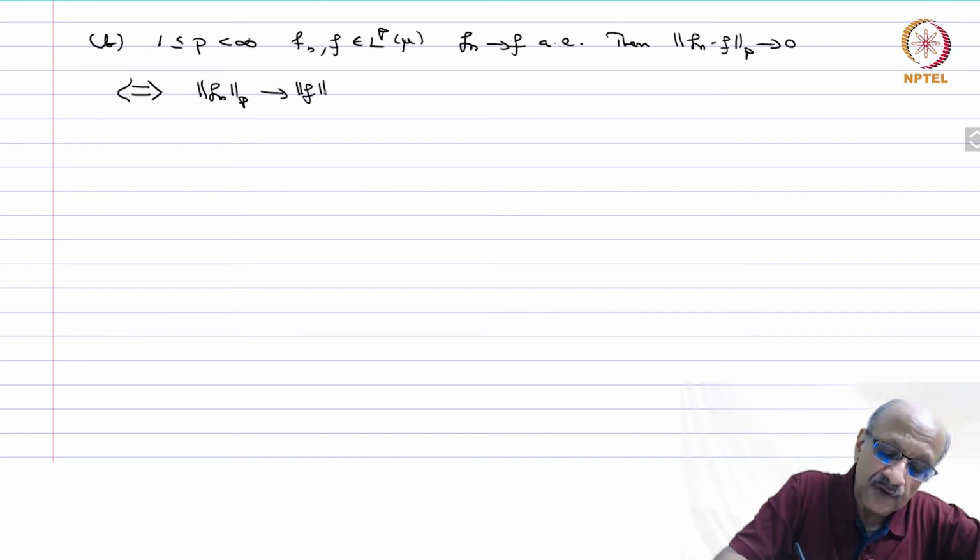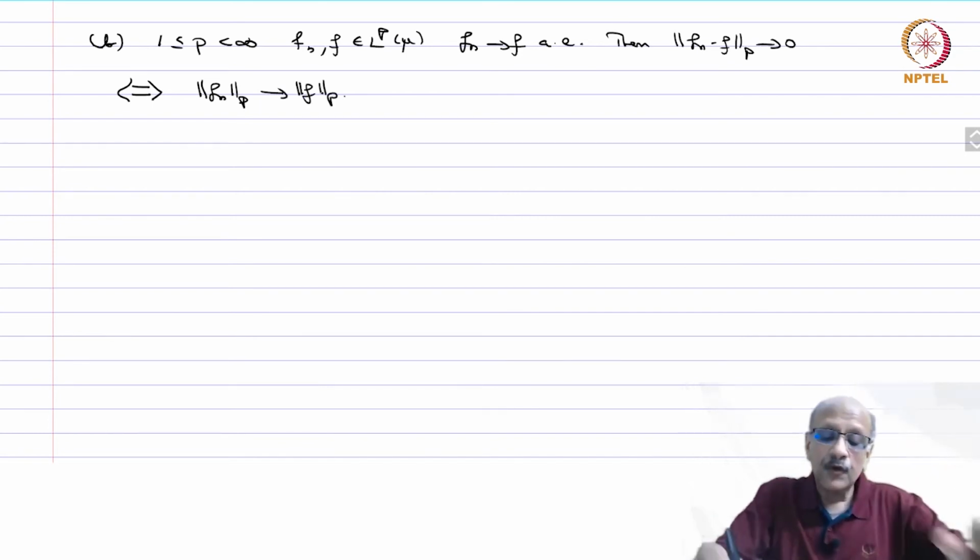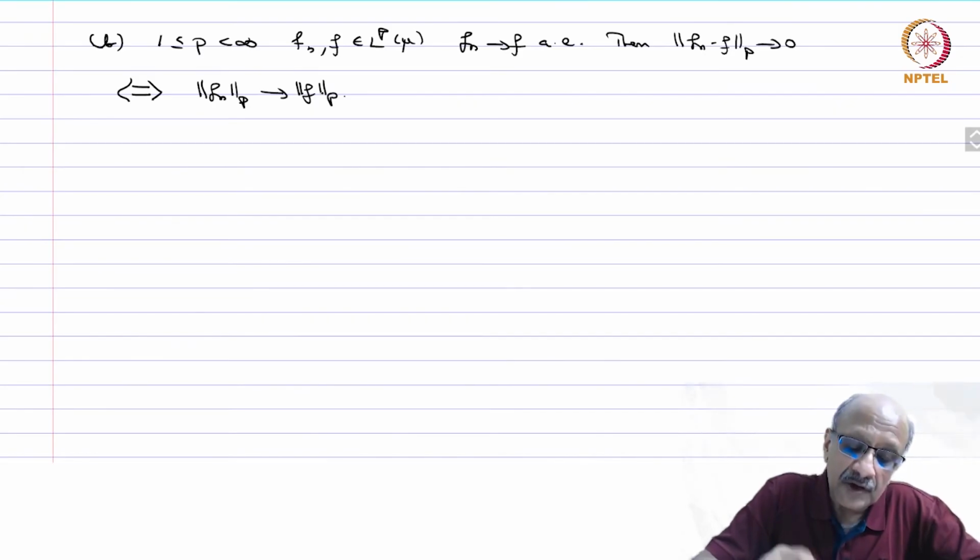So this is a useful result, because if you know that both the functions are in L^p, that is fn and f, and if fn goes to f pointwise and the norm converges, this is usually easier to show, then you have that it actually converges in the L^p norm.